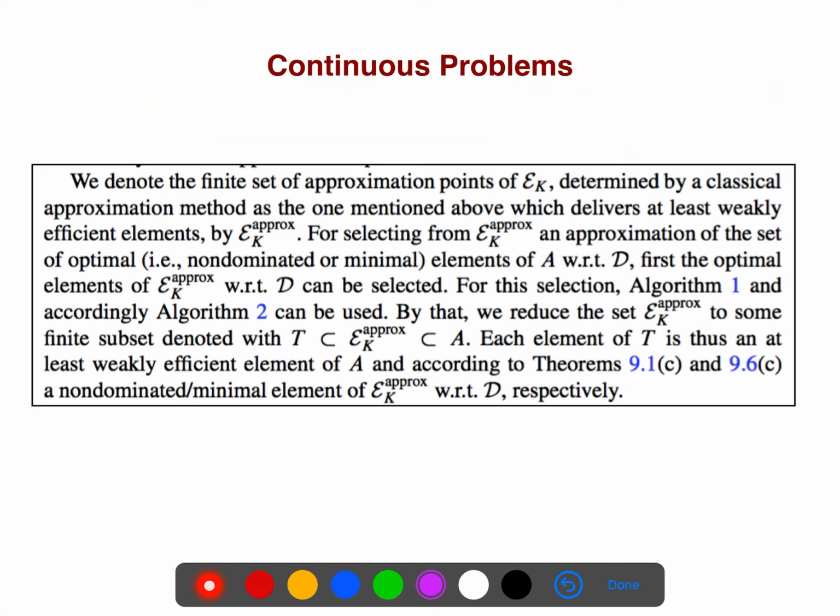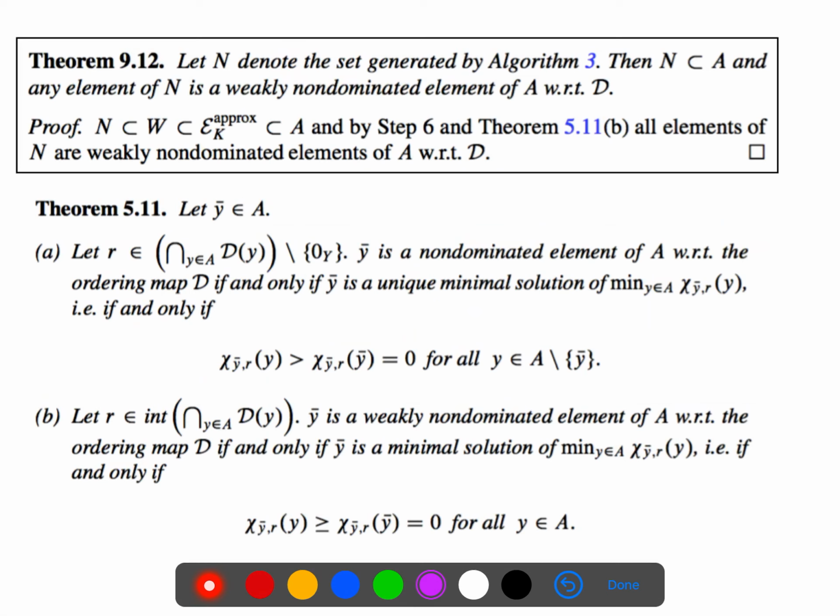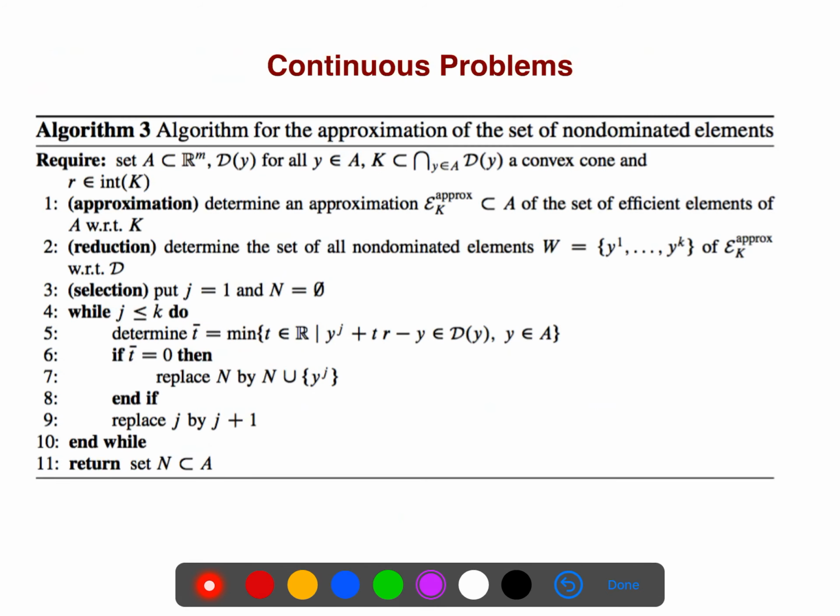So we want to reduce it because it's too big. And we denote the finite set of approximation. So we go from A to C and then T. So the algorithm is very easy. We prove that if N is constructed like this, we calculate N here.